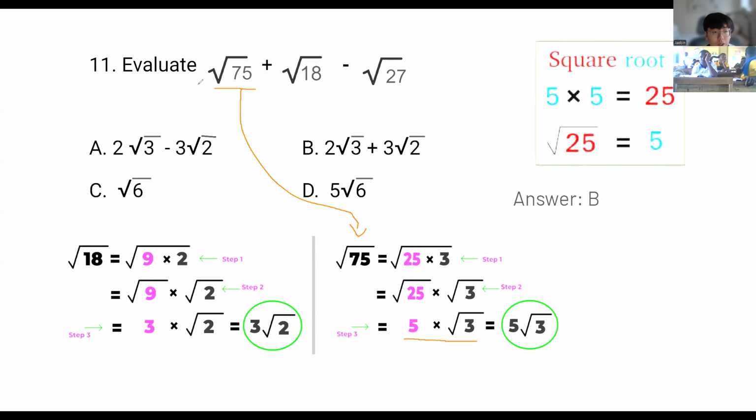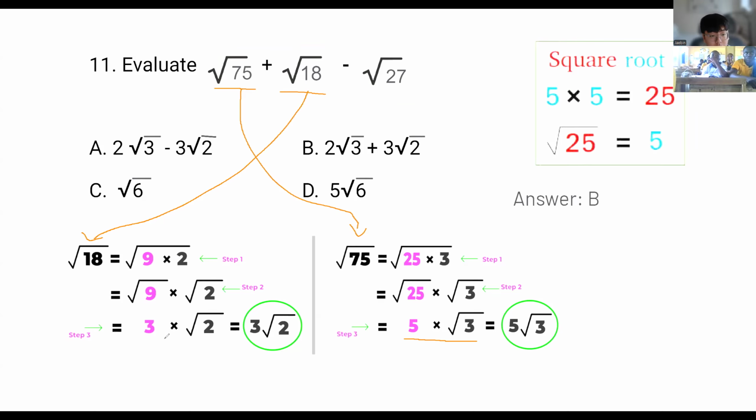So we're not solving this entire thing, we're just trying to simplify it. So let's look at square root of 18. Square root of 18 is square root of 9 times 2, right? The square root of 9 is 3.